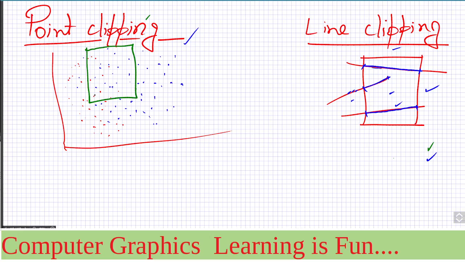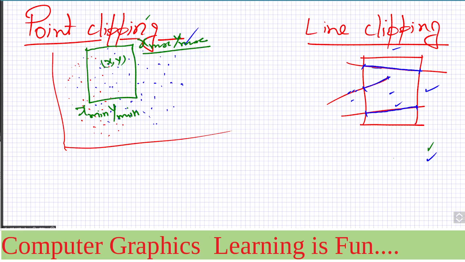So it may be more feasible to use point clipping in such applications where the scene is comprised of points. If we have these points, we have to figure out, given a window, which will definitely have x min and y min, x max and y max. For each pixel you will have some coordinate x and y, right?